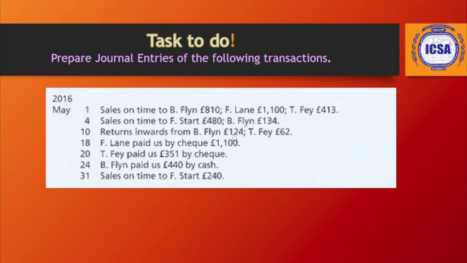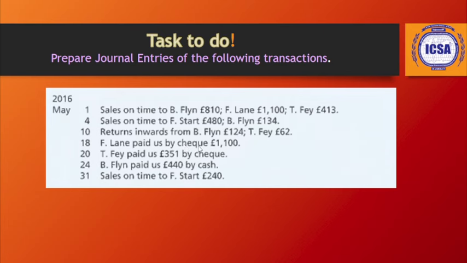Return inwards from Beefline and HO. Return inwards is debit because it is return inward, we are getting in, so return inwards debit, and against the debit there will be the particular name of the customer. Beefline 124 credit, and there will be another entry, return inwards with HO 62.